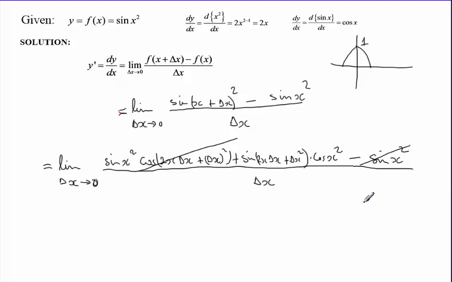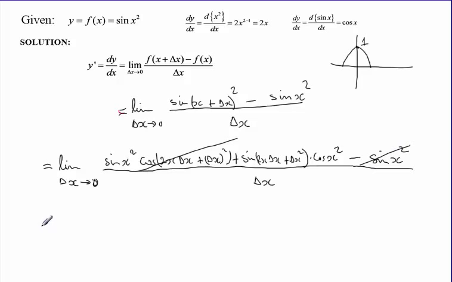I repeat, cosine close to 0 is close to 1. Since the argument here is close to 0, this is close to 1. If this is close to 1, this is close to what? 1 times sine squared. But here we've got sine squared. Then this is sine squared, almost 1 times sine squared, minus sine squared. The difference is very small. I never said it's 0. I'm saying it's negligible, can be ignored. Altogether. So I ignore it.